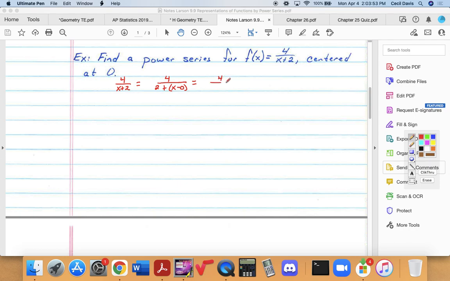So this would be 4 over 2 minus 0 minus x. Still centered at 0, but it's supposed to be a over 1 minus r, so I need to divide everybody by 2. So this would be 2 over 1 minus 0 minus x over 2.